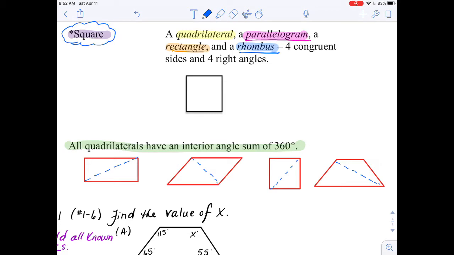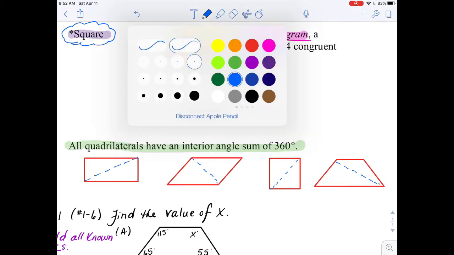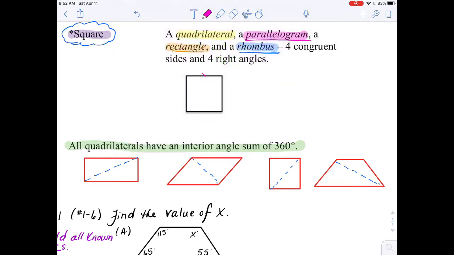Now, even though this looks like a square right now, you can't say it's a square unless you can prove it. So again, if it had symbols on it or words telling you that it had 2 pairs of parallel sides, well, I could call it a parallelogram.